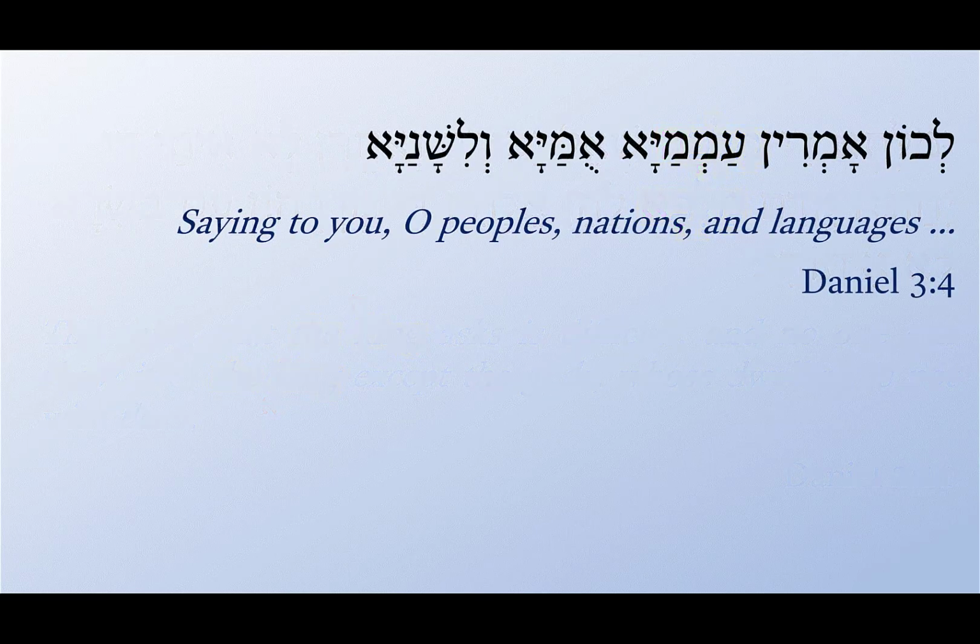Okay, now another function of definiteness that we should just note almost in passing is the vocative function. So notice these kametz aleph endings here of the determined state, saying to you, O peoples, nations, and languages. So it could have been saying to you, O peoples, O nations, O languages, right?